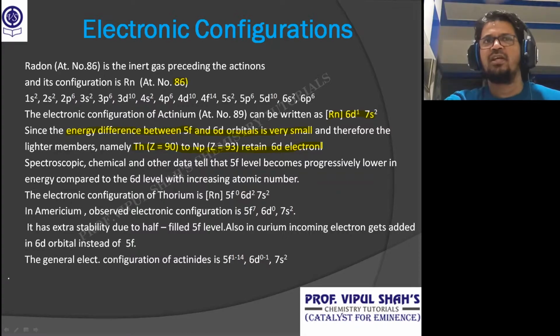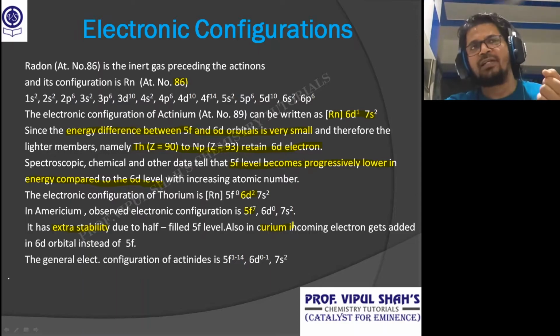Alright. So the 5f level becomes progressively lower in energy as compared to 6d levels. Thorium is an exception where straight away it is 6d2 and 5f is 0. Americium is half filled, 5f7. So there is extra stability after americium that we see in curium, where one electron goes back to 6d.